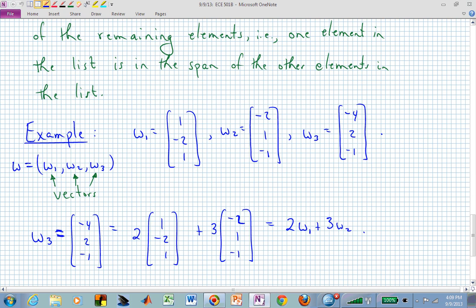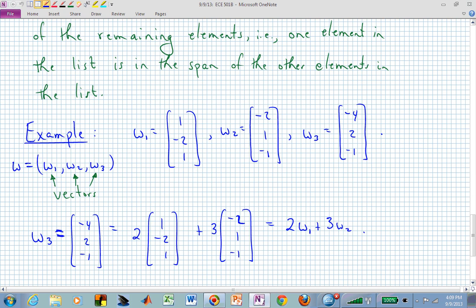So if you can combine some of those vectors in your set to create another vector in your set, then those vectors are linearly dependent. That's what that first point underneath the linear dependence lemma was making.